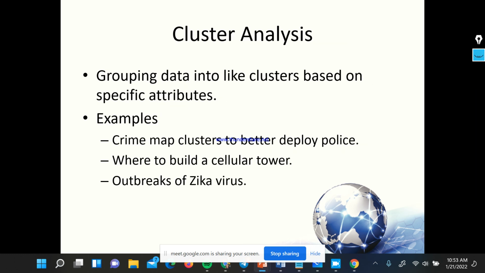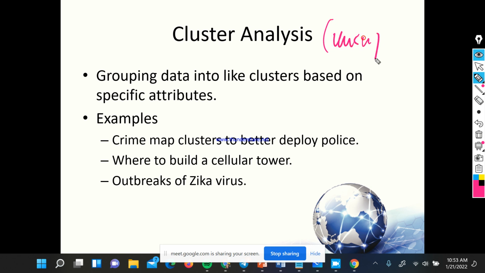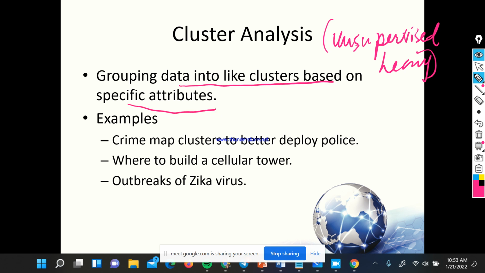proceed to the next, which is cluster analysis, which we say is unsupervised learning. In unsupervised learning, you see what happens, grouping data into clusters based on specific attributes. Unsupervised, why? Because we learn without looking at it, without understanding. But of course, we have a mathematical basis.